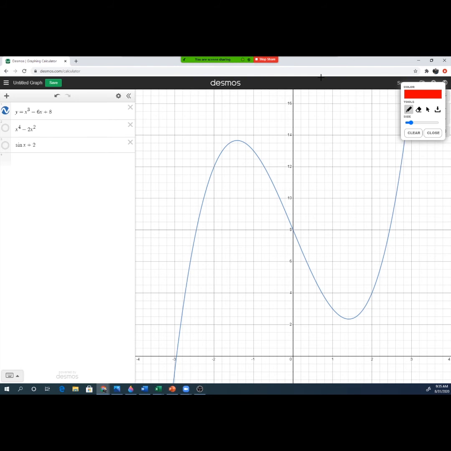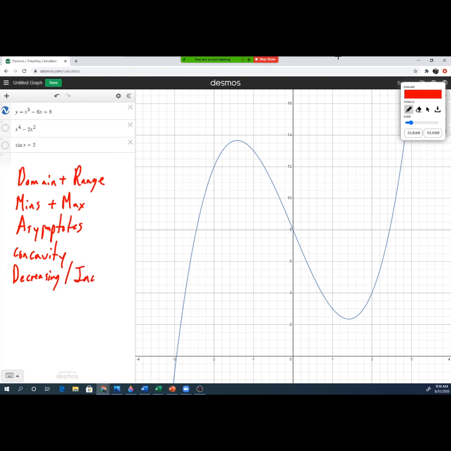So slope I'm not going to worry about, but I do want things like domain and range, mins and maxes. Are there asymptotes? Concavity. One that I'm going to add to the list that we actually didn't have is where is it decreasing and where is it increasing?